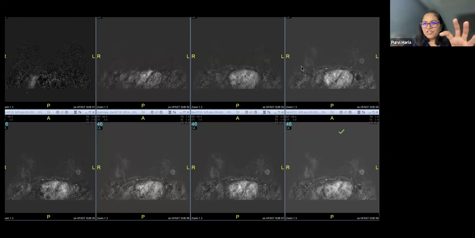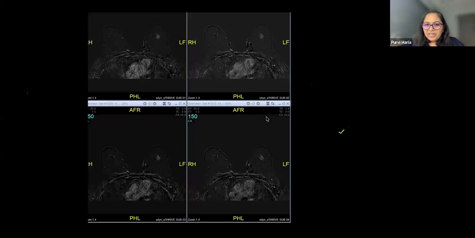So this is in a nutshell about the ultrafast sequences, which is very nice. The only difference between the ultrafast and the routine dynamic scan is that the routine dynamic scan takes a longer time, around 35 to 40 seconds, and as I mentioned, it has a very good spatial resolution. In this sequence you can see the spiculations and irregular margins very well.